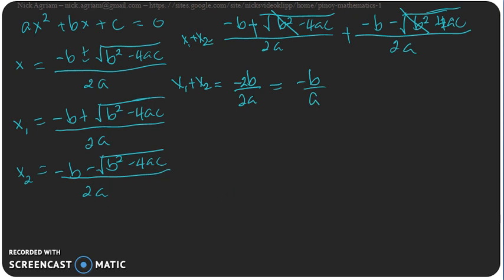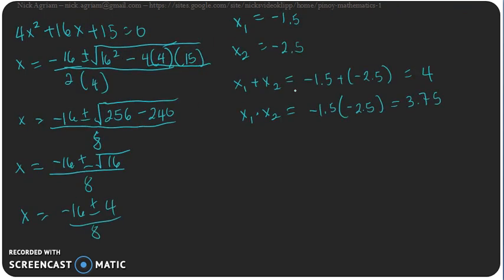So if we go back now to our example, our sum x sub 1 plus x sub 2 should be negative b divided by a.